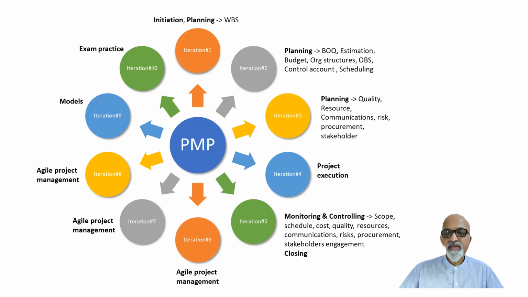As an assignment, you'll be completing all these things, and that takes around 5 hours of your time. Then again, we get into the next week's meeting. That's how it is structured, and many have found it very, very useful.